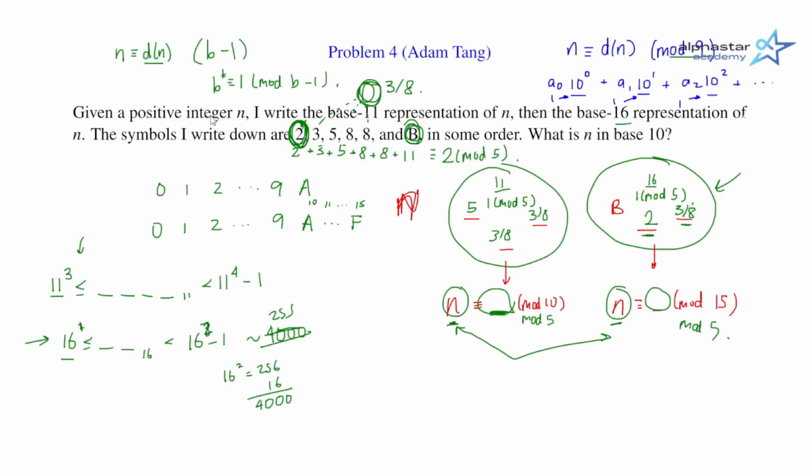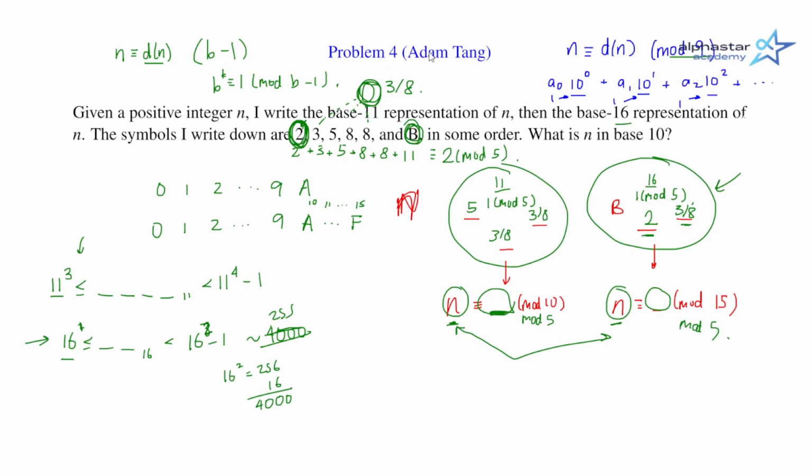So recall that the base 11 digits are 5, and then a 3 or an 8, and a 3 or an 8 in some order. The base 16 digits are going to be 2, b, and then a 3 or an 8. And you know that 2 of these are going to be 8s, and one of them is going to be a 3.